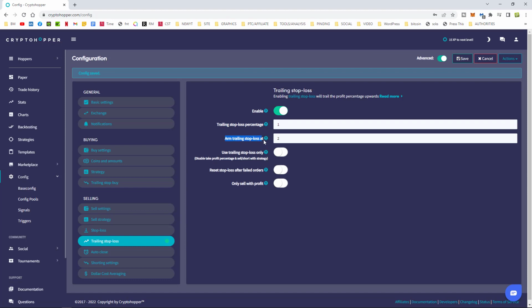Arm trailing stop loss at, let's just show you. Let's say something goes up to 1,000% in profit. Now that number in here means that if it went all the way up to 1,000, then dropped 1% down to 999%, it would then sell.